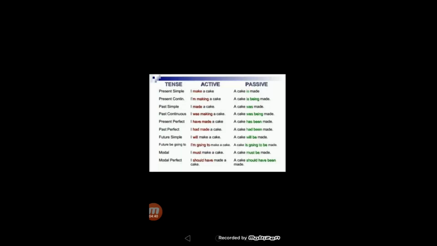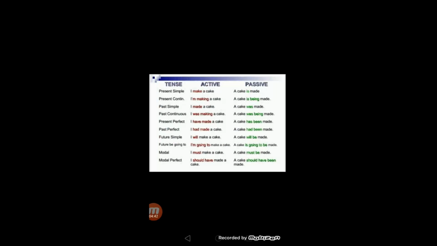Here are some examples. Somebody stole my bike. In passive, my bike was stolen. We made a mistake. In passive, a mistake was made. Somebody wrote a letter. In passive, a letter was written.